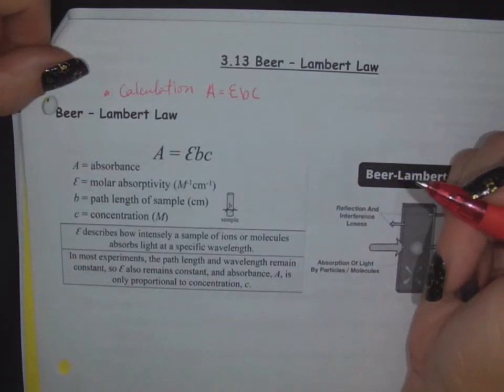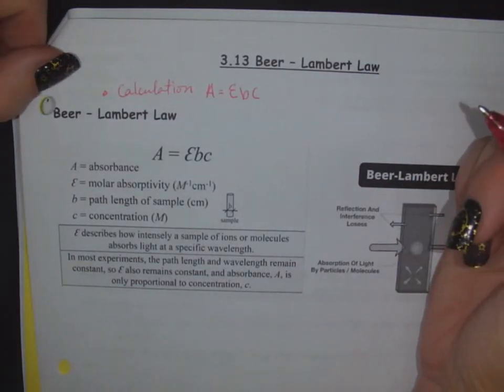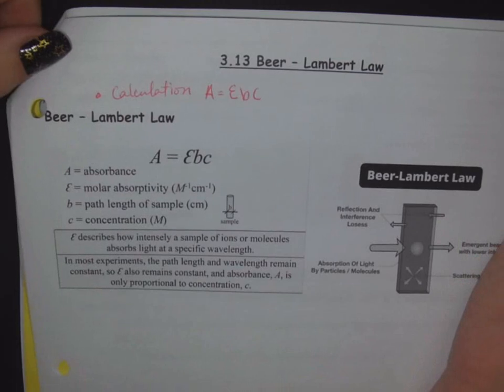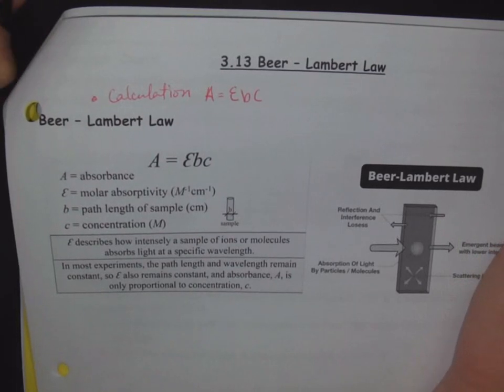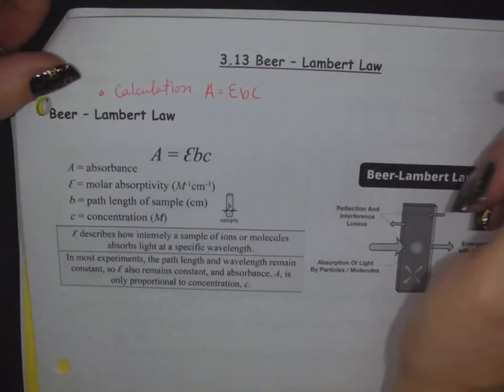And then the second thing that you need to be able to do is describe what happens to concentrations, or if a concentration is high or lower than expected, you could give a situation that would result in that.